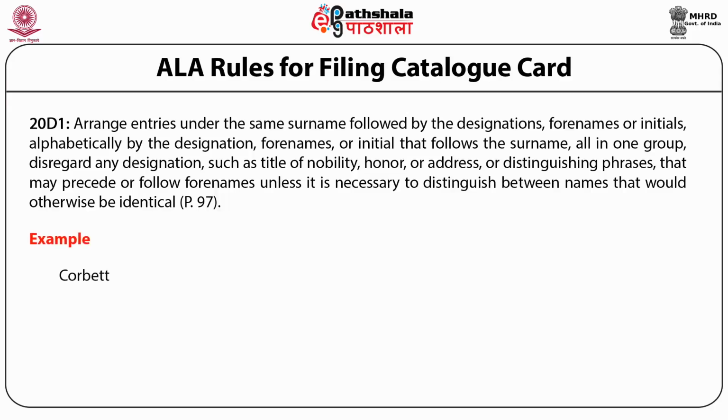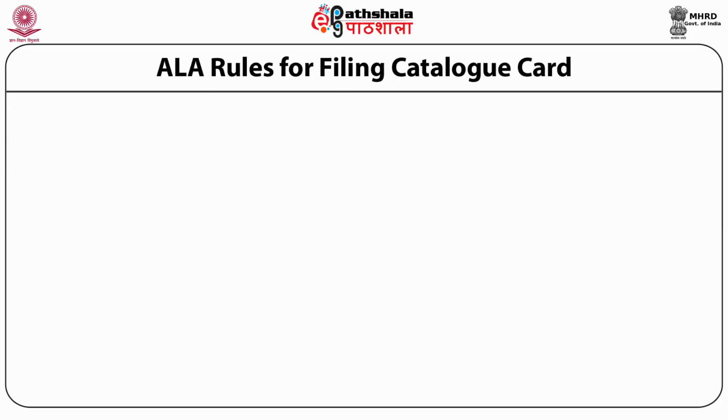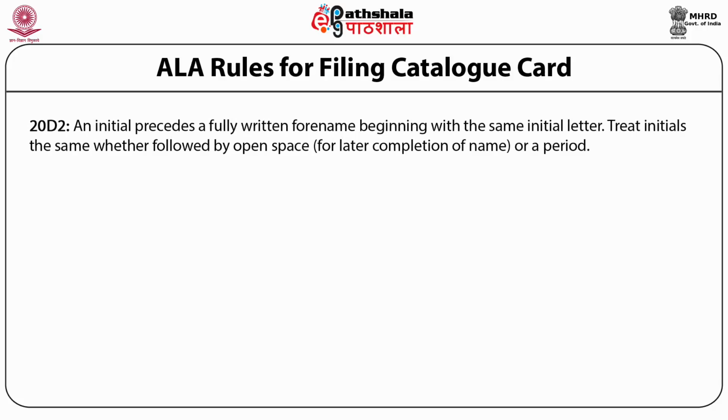Example: Corbett, Corbett J, Corbett Hunter, Corbett Mr., Corbett Mrs., Corbett Nicholas, Corbett Pseudonym, Corbett William A. Rule number 20D2. An initial precedes a fully written forename beginning with the same initial letter.